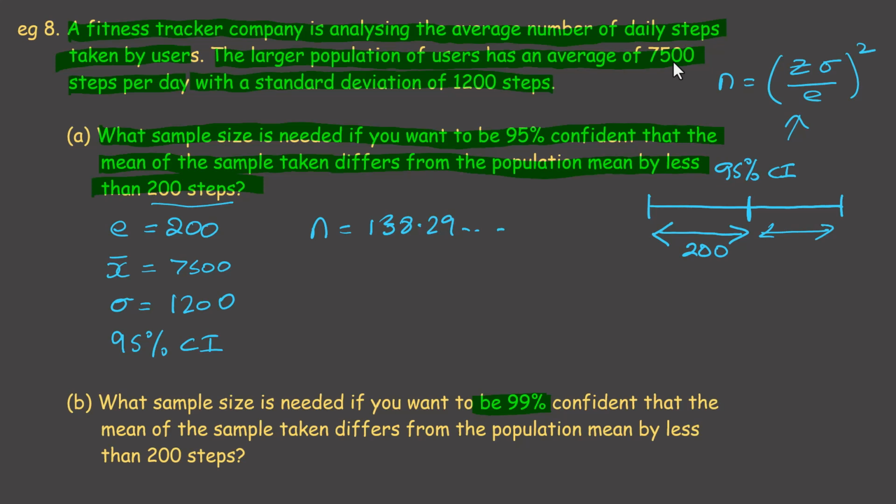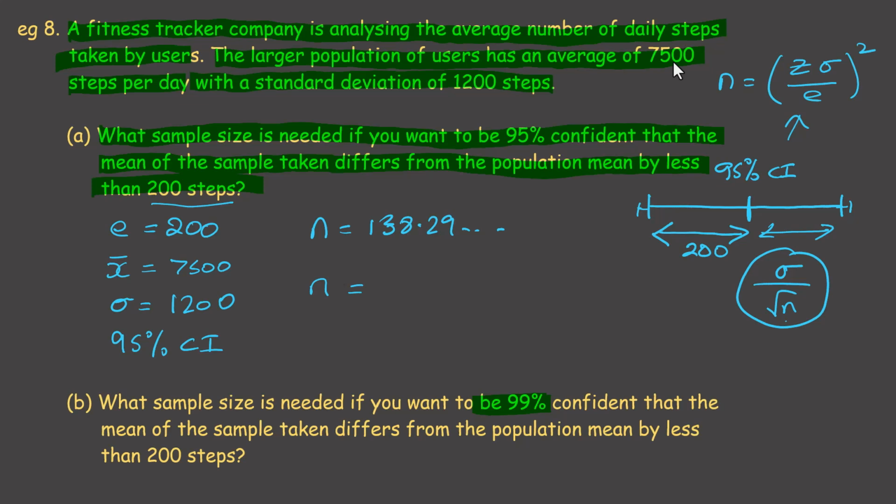Now, N has to be a whole number. If N was 138, we'd find that this was slightly wider. And remember, the root N on the bottom, when we do the standard error, which is either S or sigma up there, the root N on the bottom, if N is a smaller number, then this number is going to be slightly bigger, giving us a slightly wider interval.